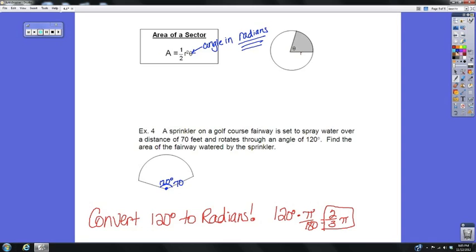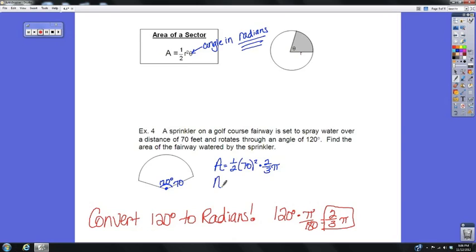Alright, so when we plug in our formula, we don't plug in 120 degrees, we plug in 2/3 pi right here. So the area of our sector will be 1/2 r squared, so 70 squared times 2/3 pi.